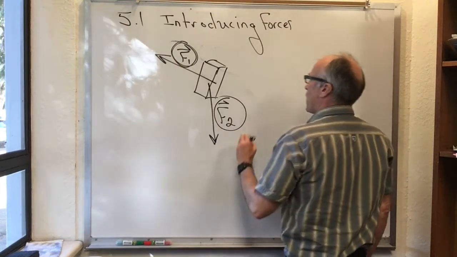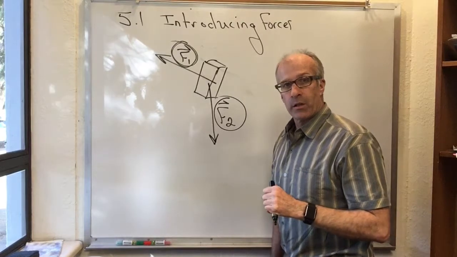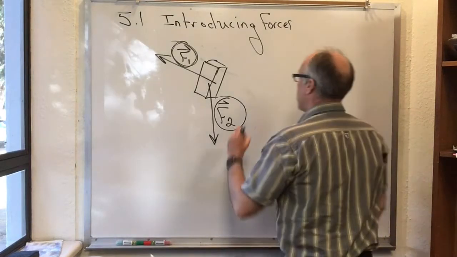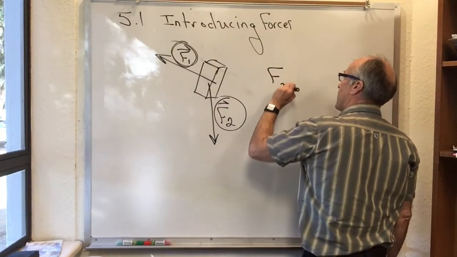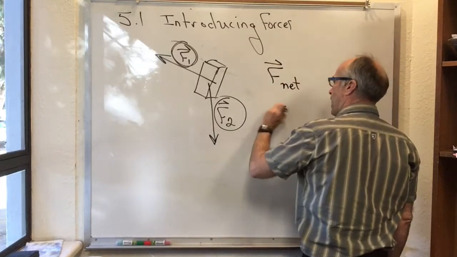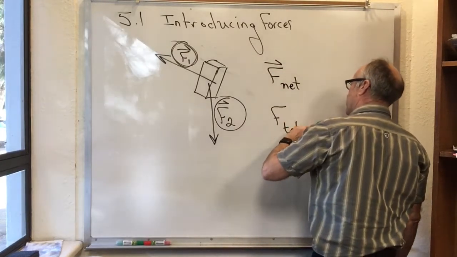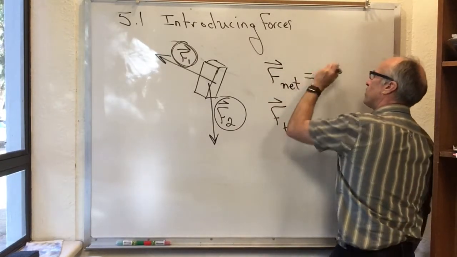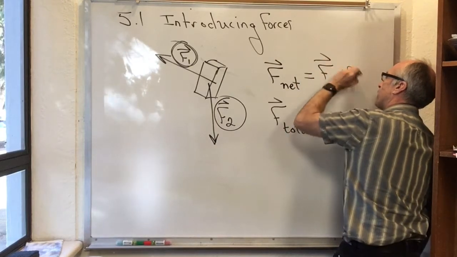And when we want to talk about the total force on the eraser, we just add them up. So we can say F net or F total, pretty much synonyms, is equal to F1 plus F2.